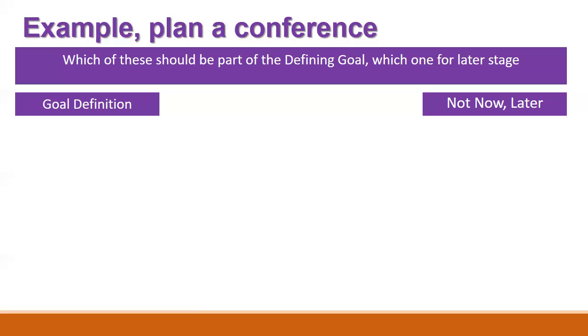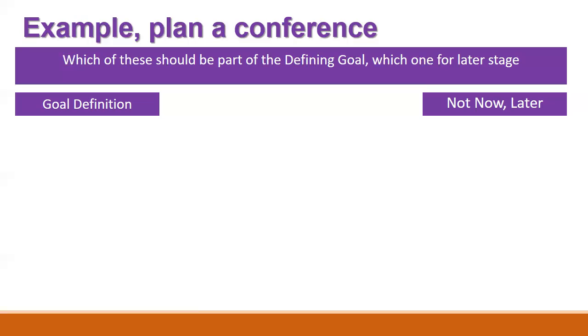So there's a few things that we would need to do in this conference. We have to decide who we're going to invite. We have to decide what the topic is going to be. We have to decide what we're going to feed them. We have to decide where they're going to sit. We have to decide what the venue is. Some of those things we need to start on straight away, because it's like water flowing downhill.